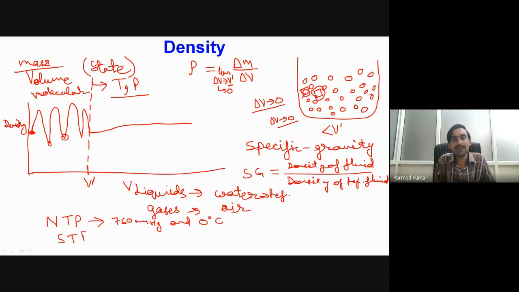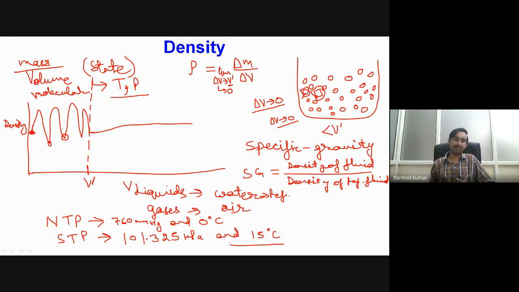Another condition could be STP, standard temperature and pressure, where the pressure is 101.325 kilopascals and generally we take 15 degrees Celsius as the standard temperature. Normally, while defining the density of the reference fluid, we consider either NTP or STP as the conditions.